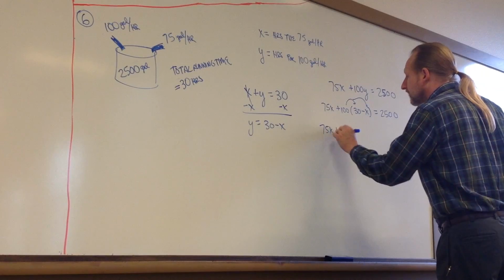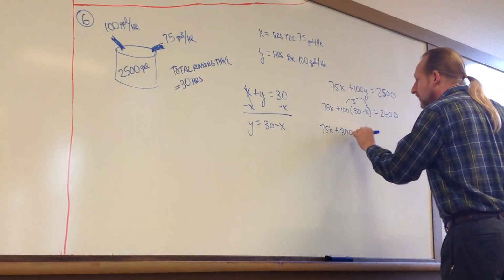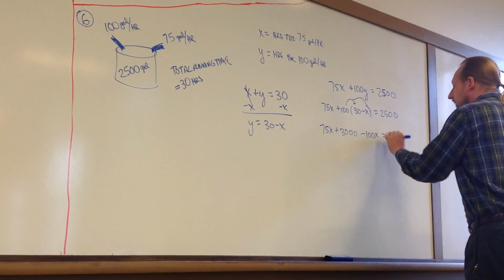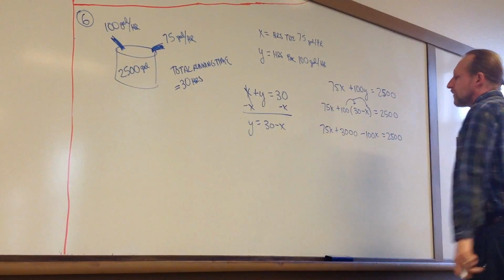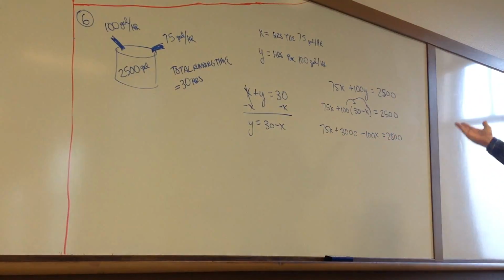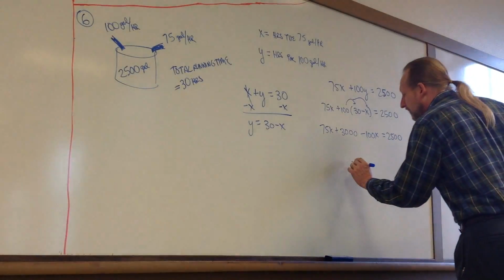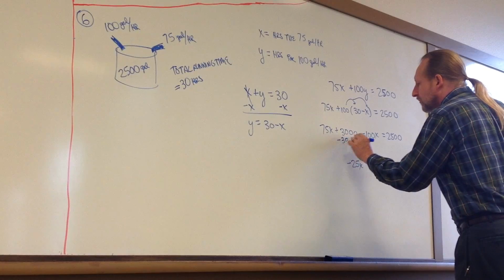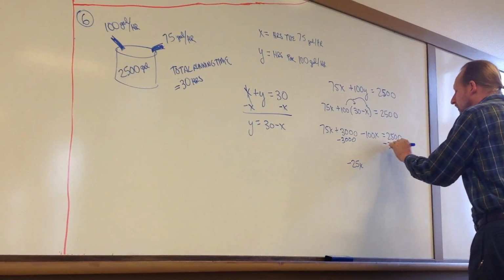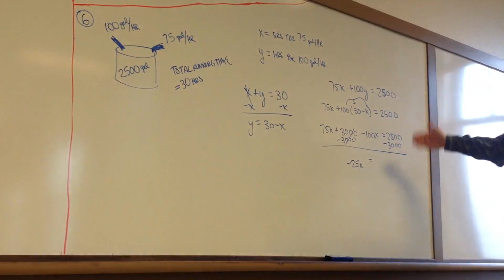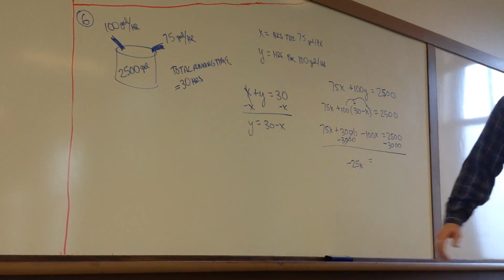So 75X, 100 times 30 will be 3,000, minus 100X equals 2,500. So here, when we combine our like terms, 75X minus 100X is going to be a negative number, negative 25X. And that's okay, because when we move this 3,000 over to the other side, we're also going to get a negative number over here, okay?